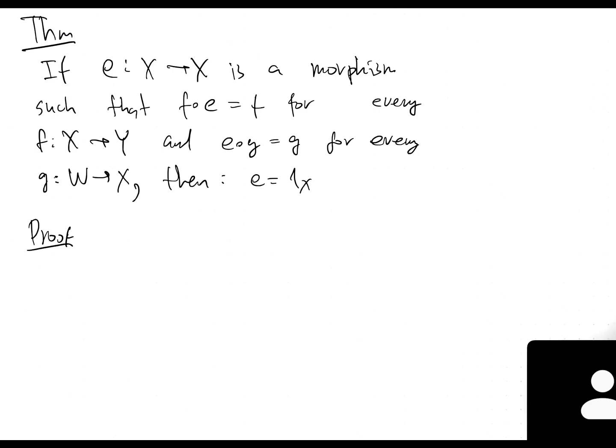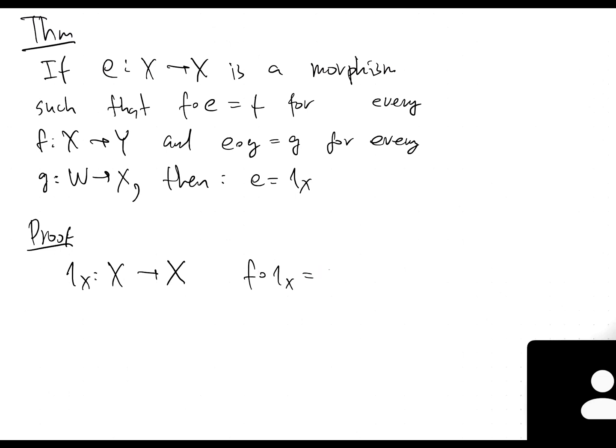So what do we have? Well, firstly, we have this guy here, the identity morphism, which has this property that every time I compose something with it on one side, it equals that thing.